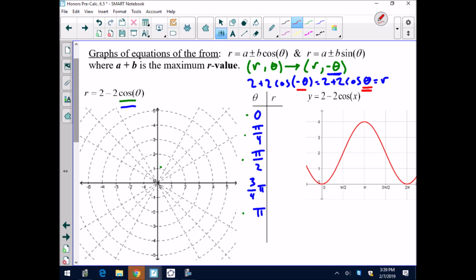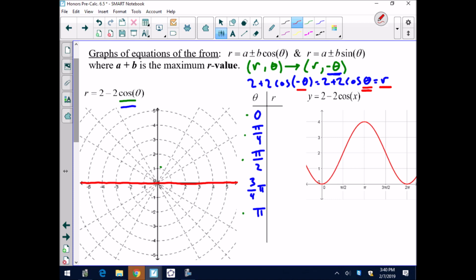So we can say our 2 plus 2 cosine of negative theta is going to equal 2 plus 2 cosine of positive theta, which is the equation that defines r. And that shows that we are symmetric with respect to the x-axis. Now, since we're symmetric with respect to the x-axis, I really only need to get ordered pairs on one side of the x-axis, and then I can reflect those ordered pairs across the x-axis and draw my limaçon from there.